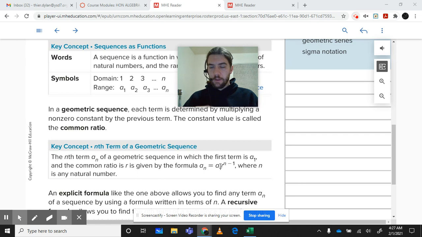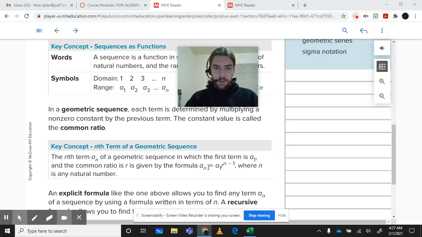So let's say that we're going to do a sequence of numbers. Let's do doubling, but let's not start at 2. Let's start at 5. Okay, so a1, my first term, could be 5. If I'm doubling, my common ratio would be 2, so r would be 2.